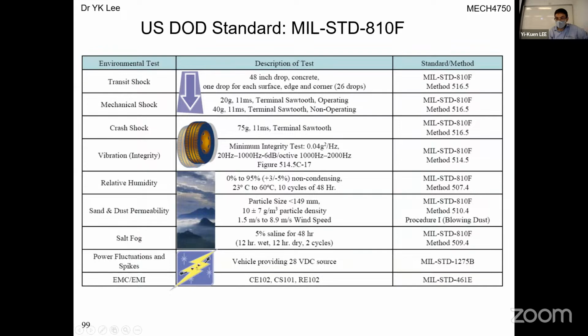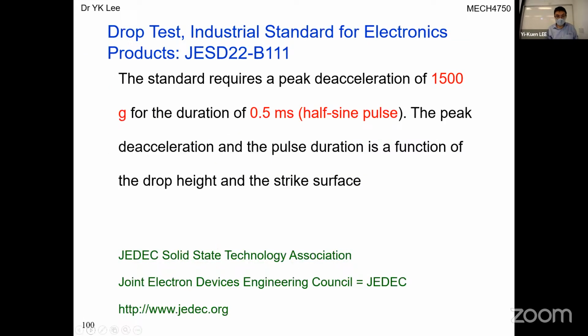They specify, in particular for shock, how big this kind of shock is, the period, and what the typical waveform is. Here it could be a single pulse, or you have some kind of sine wave, right? And then they specify the shape of the waveform. So this gives you, I think, an important reference for you to look at the different standards.